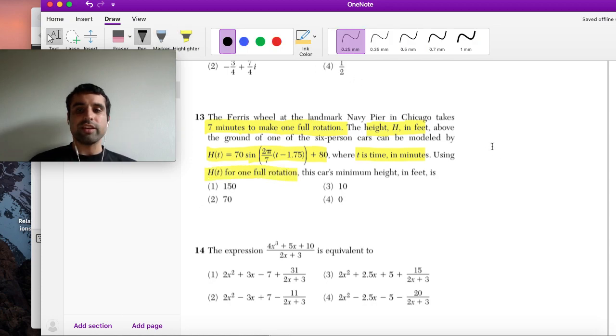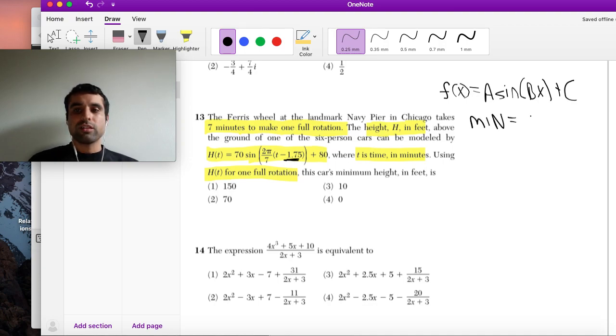Guys, this is actually very easy. If you have an equation, f of x equals a times sine of bx plus c, and this is a horizontal translation, it doesn't affect our solution at all. To get the minimum, all you have to do is c, that's the midline, minus the absolute value of a.